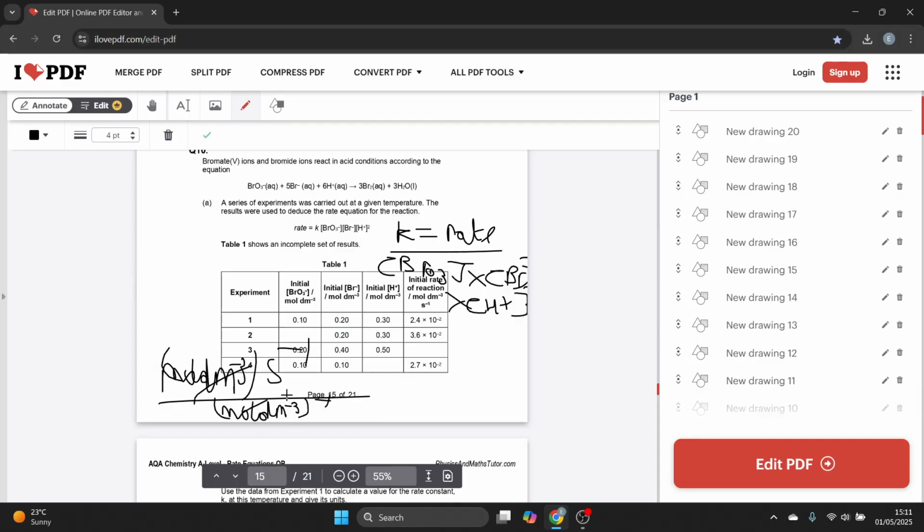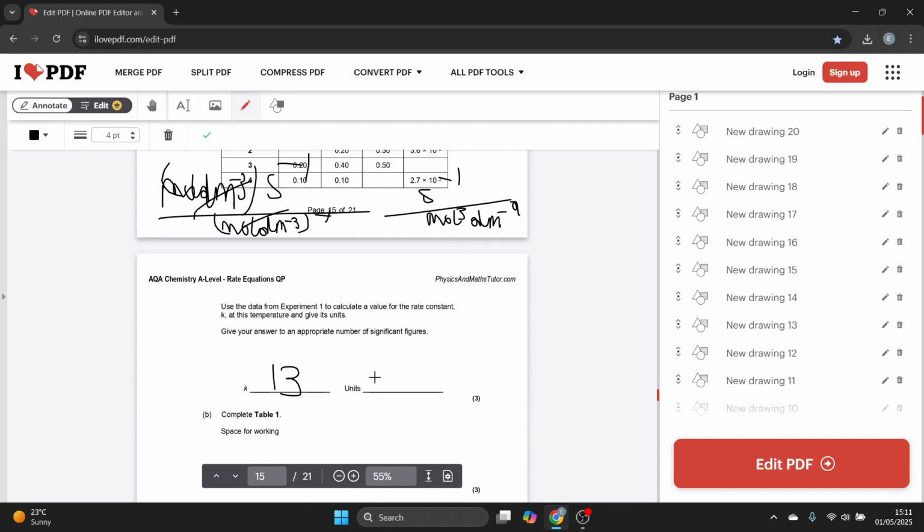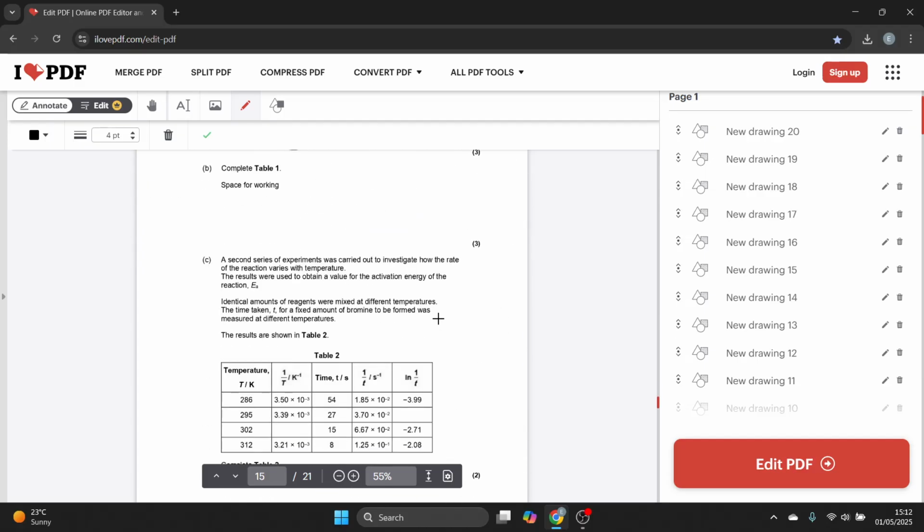So you would get s to the power minus 1 over mole to the power 3 dm to the power minus 9. So you'd get mole to the power minus 3 dm to the power 9 s to the power minus 1. And it doesn't matter which order you do it, any order is fine. But I would just prefer to do it like this, where it's mole, then dm, then s to the power minus 1.